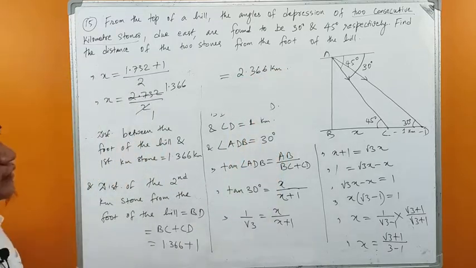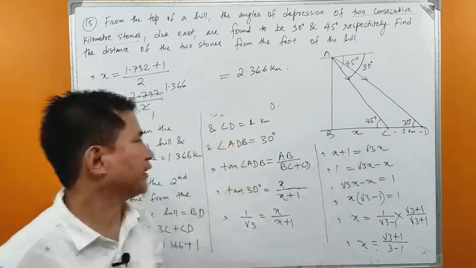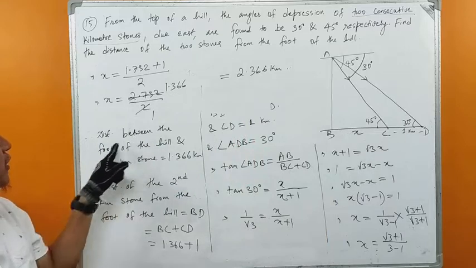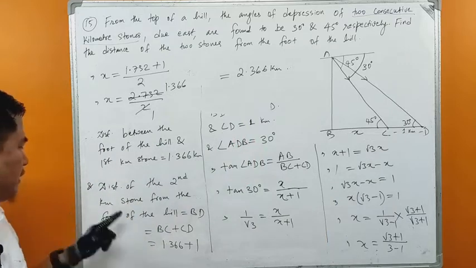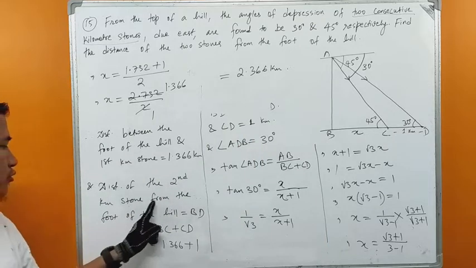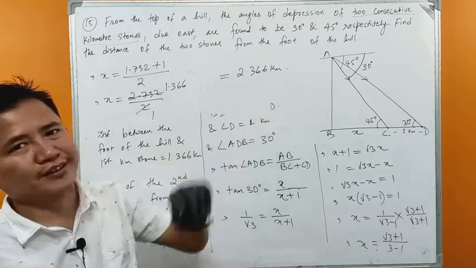We were asked to find the distance of the first and second kilometer stones from the foot of the hill. The distance of the first kilometer stone is 1.366 kilometers, and the distance of the second kilometer stone is BD, that is 2.366 kilometers.